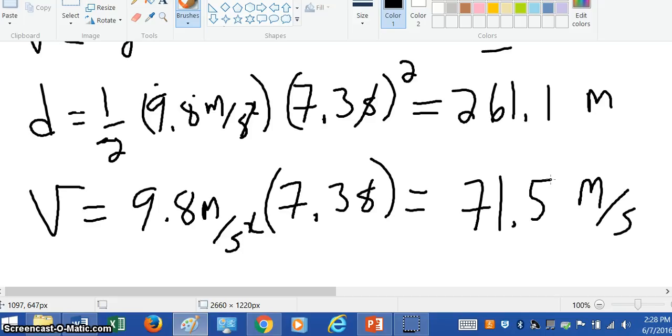So there's that calculation. Let's do an example where something's being projected upwards. Give me a second on that.